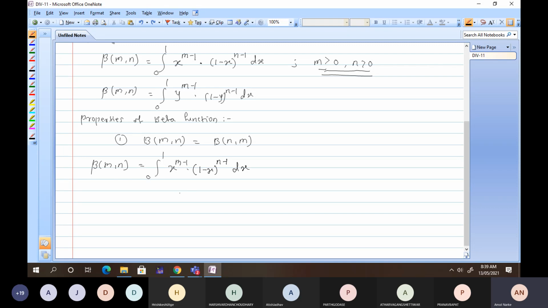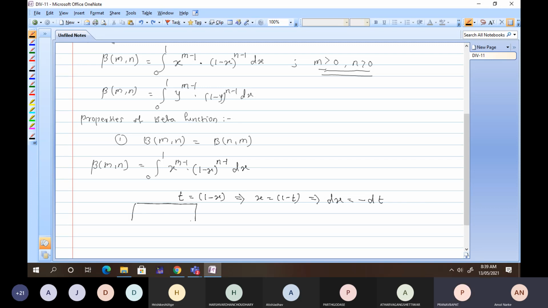So I substitute a new variable t equal to 1 minus x. So the value of x is x equals 1 minus t. We need to find dx, so dx becomes minus dt. Is it okay? Everyone understand that? Simple one.